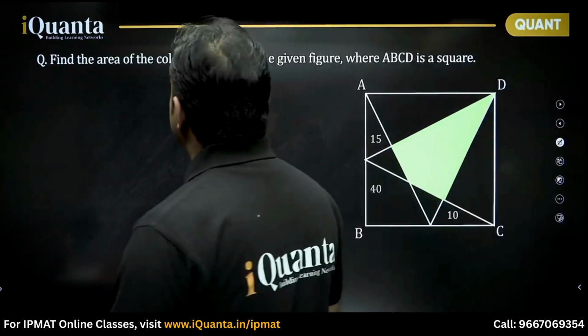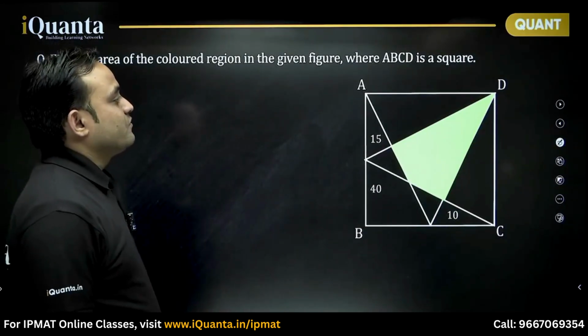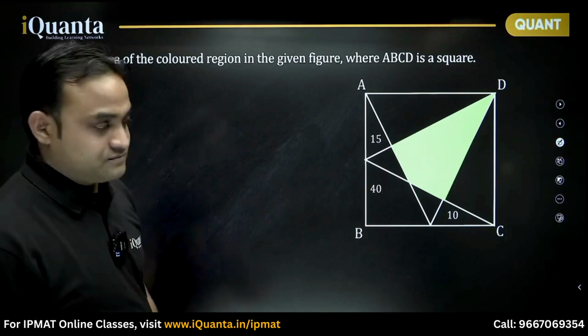Next question, it says find the area of the colored region in the given figure where ABCD is a square.